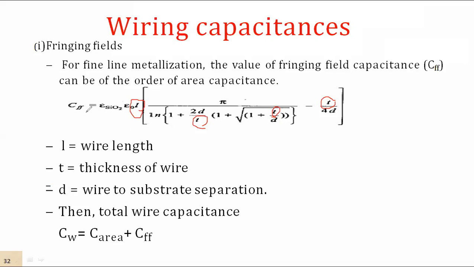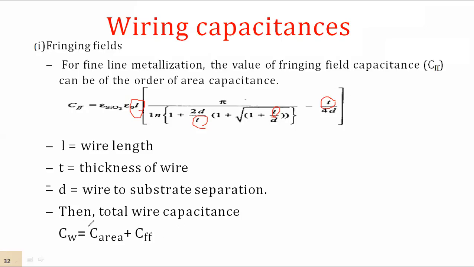It is direct: CFF is directly proportional to the length of the wire, inversely proportional to T, as well as inversely proportional to D. D is the wire to substrate separation, the spacing between the wire and the substrate.